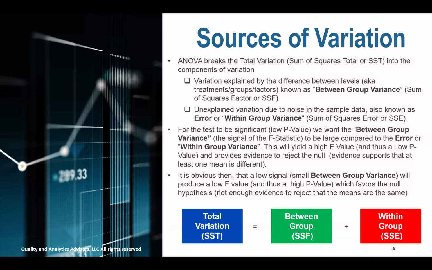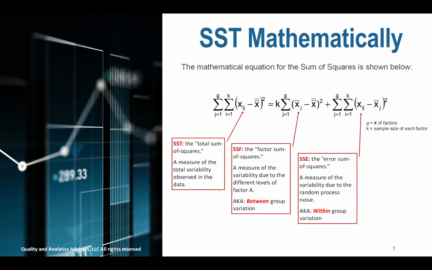So how do we calculate these things? Here's the mathematical equation for this. Looks complicated, but you will see in a moment, as soon as I go into Excel, that it is not. The term on the left basically represents distances from each data point to the mean of all of my data.